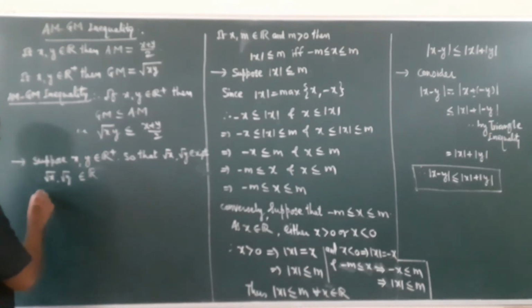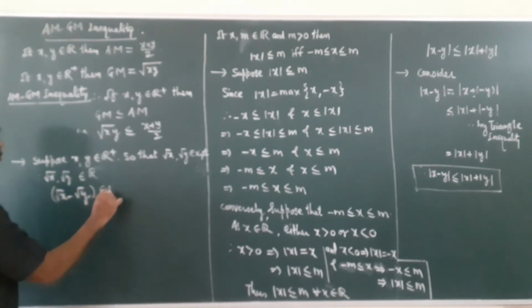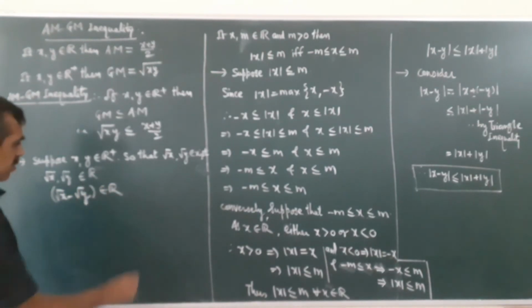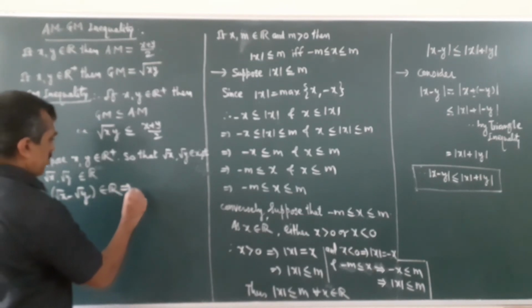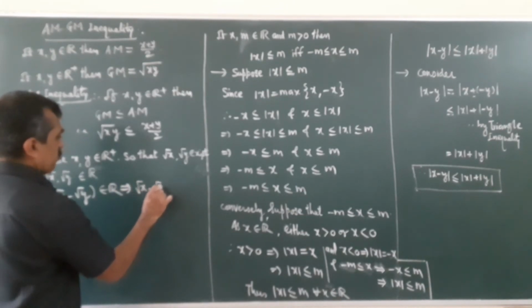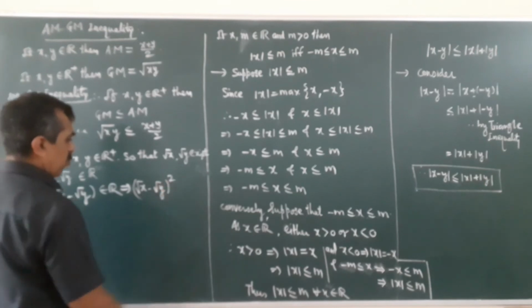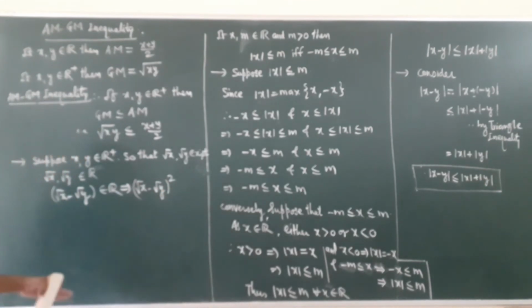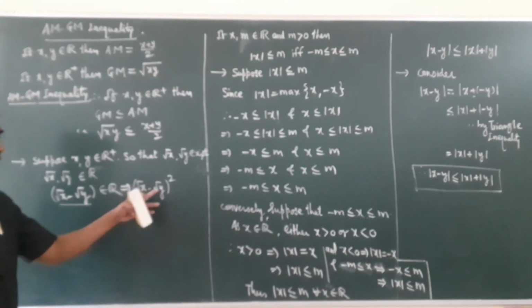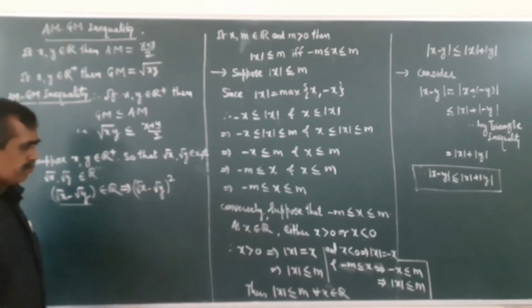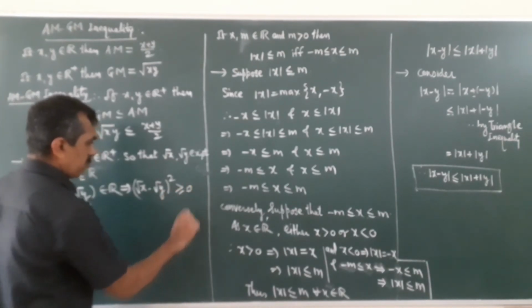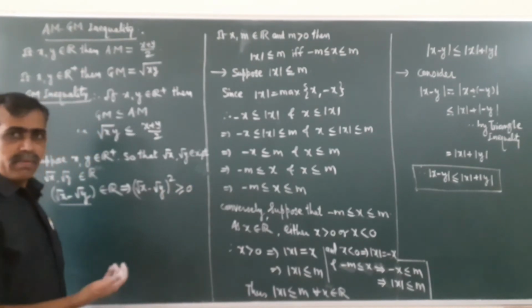Therefore root x minus root y also belongs to R. This implies that (root x minus root y) squared is a real number squared, and square is always greater than or equal to 0.